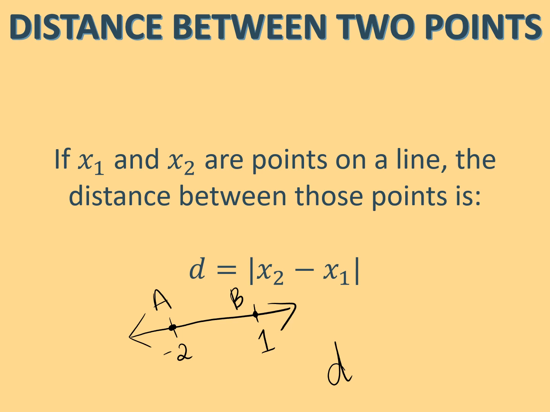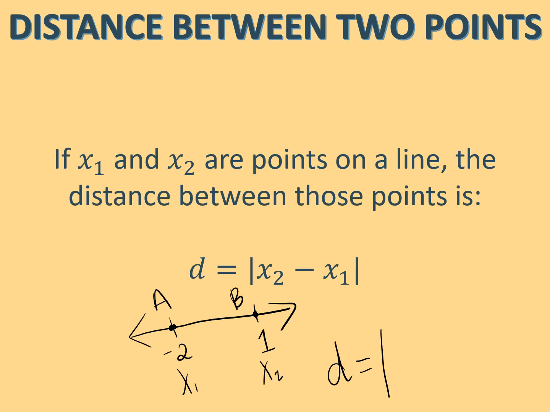We would have d, the distance, equals the absolute value of x2 minus x1, so we need to label these. It doesn't matter what order you label them in, because of the absolute value. That's what allows us to not have to worry about the order. But let's call this one x1 and this one x2.